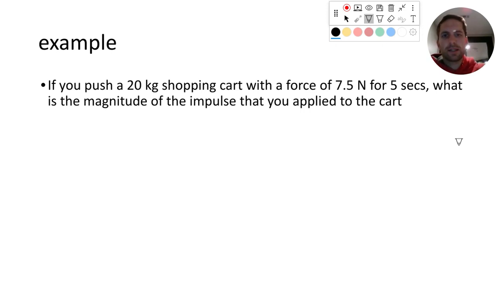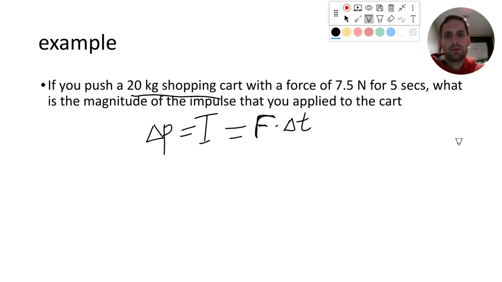Here's a couple of quick examples. I equals F times change in some time interval, because impulse is force over some time interval, or that is, as we remember, the change in momentum. So for this, we don't actually care about the 20 kilogram shopping cart, the mass of it anyway. We care about the force and the time interval.